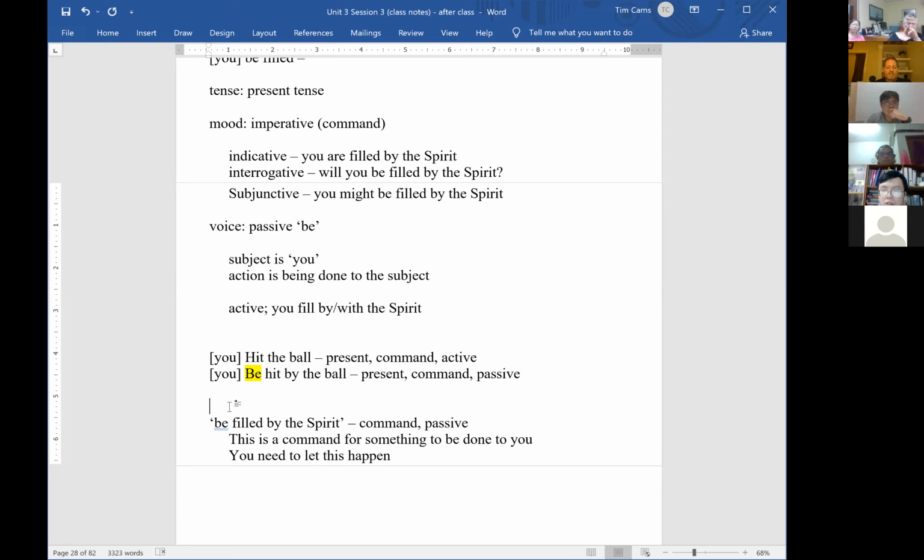Put yourself in a position to be filled by the Spirit. All right, so this is really important. We understand the distinction here. And seeing that as a passive voice is telling us, I don't go and fill myself. I'm not doing the action. It's a command, but it's passive. So I need to put myself in the position to be filled by the Spirit, for the action to happen to me.